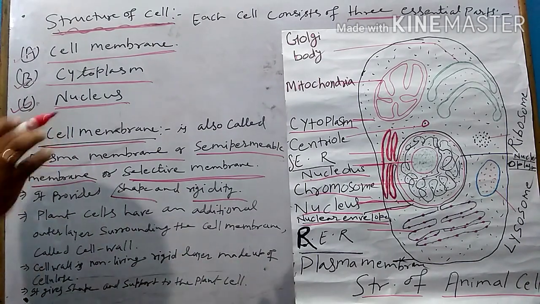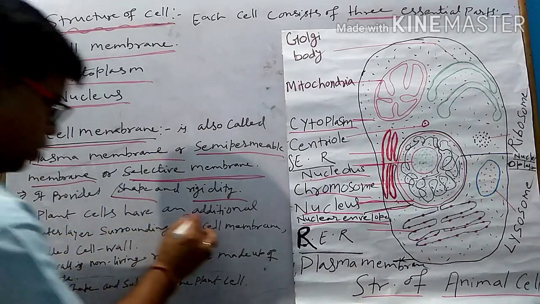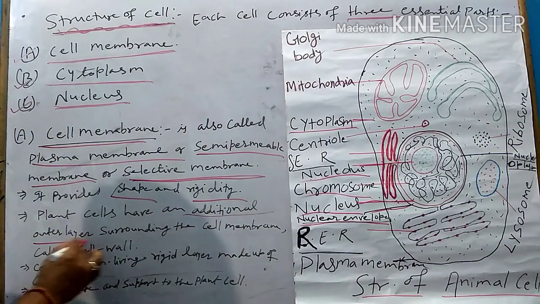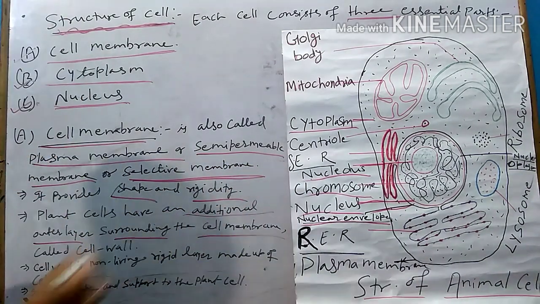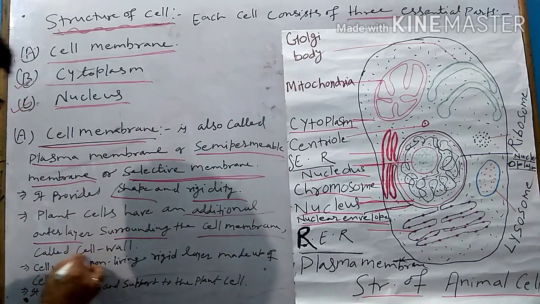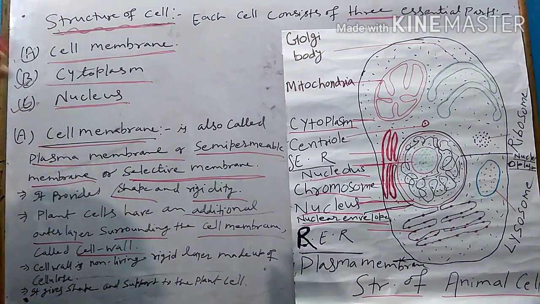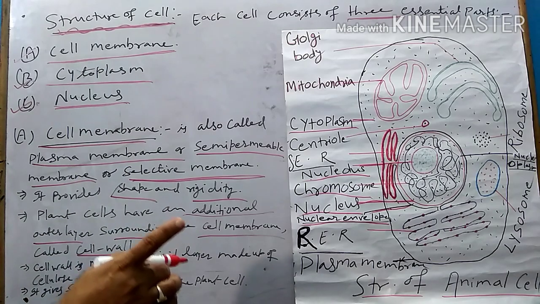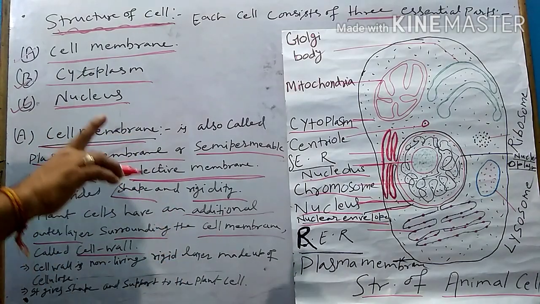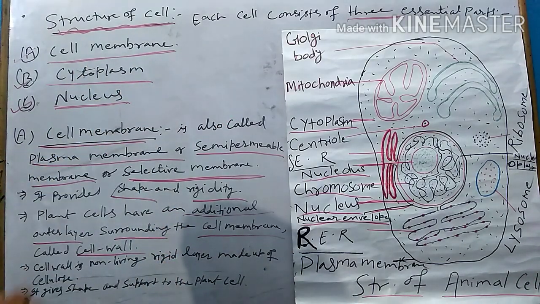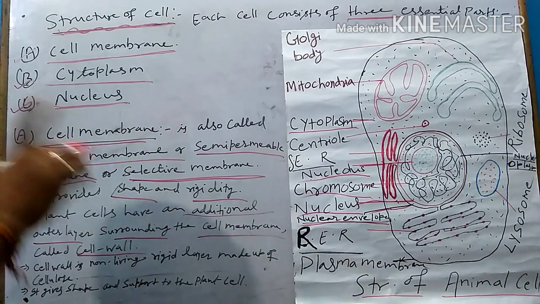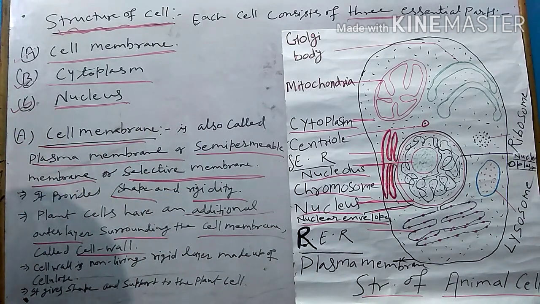But plant cells have an additional outer layer surrounding the cell membrane, and that layer is called the cell wall. In the plant cell, the cell wall is present, but in the animal cell, the cell wall is absent. So this is the basic difference between plant cell and animal cell.